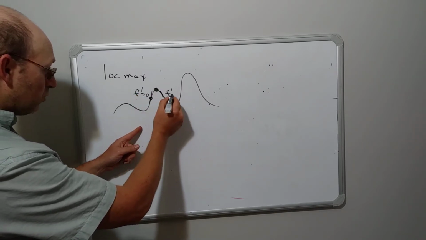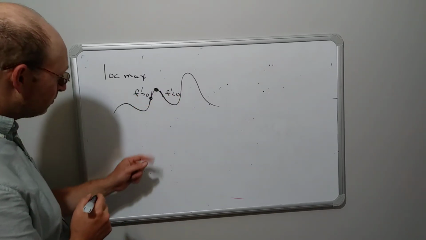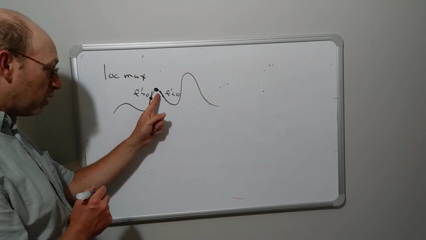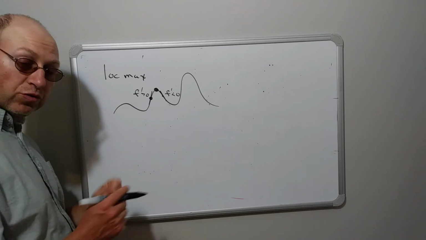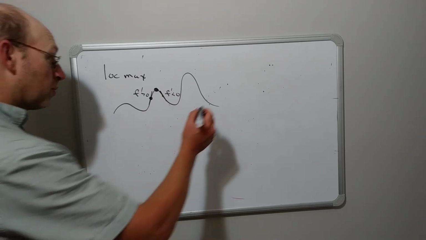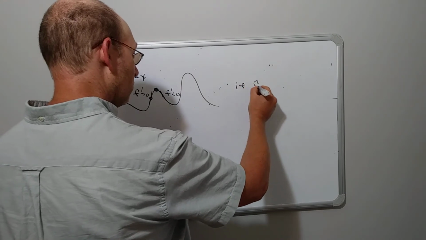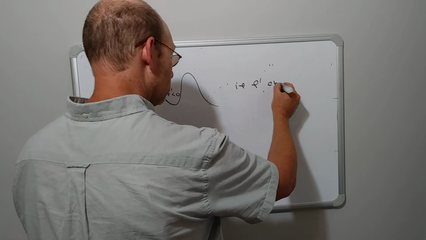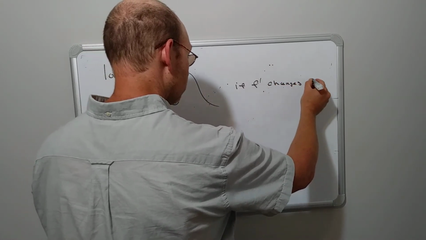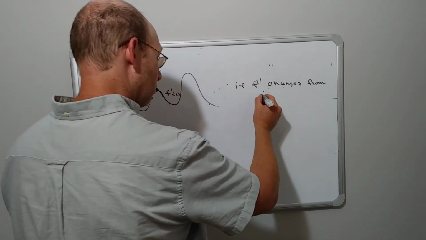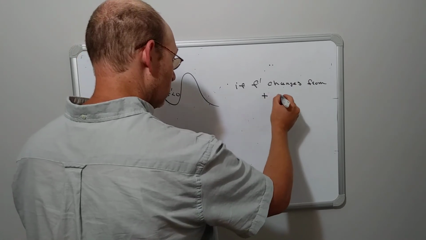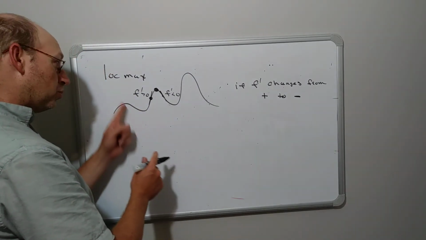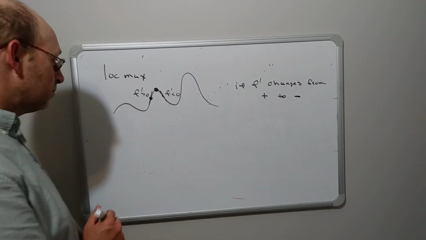So positive, negative. The derivative changes sign at a local max. And that's how you can find the local max. So if f prime changes from positive to negative, then you obtain a local max.